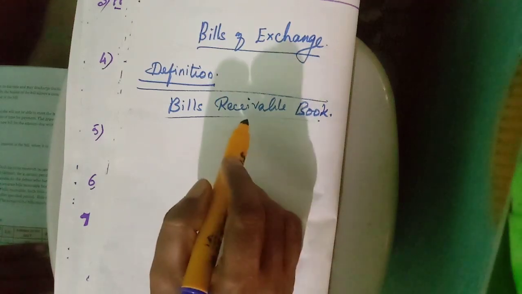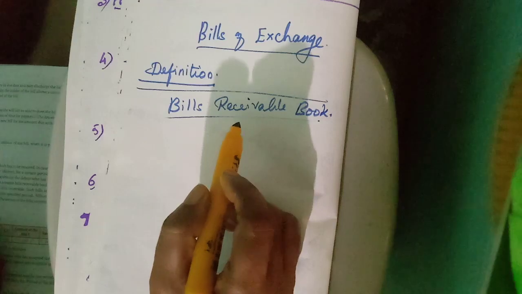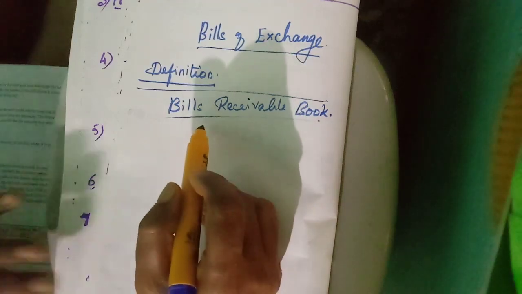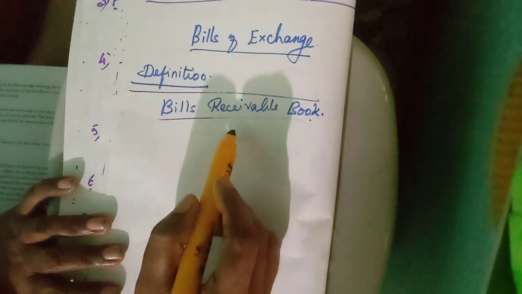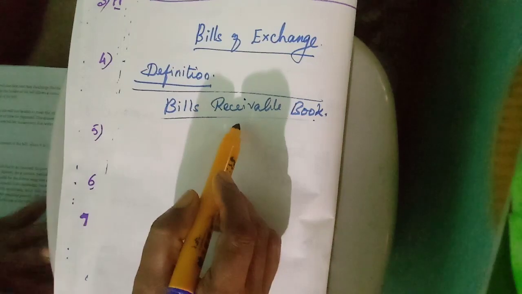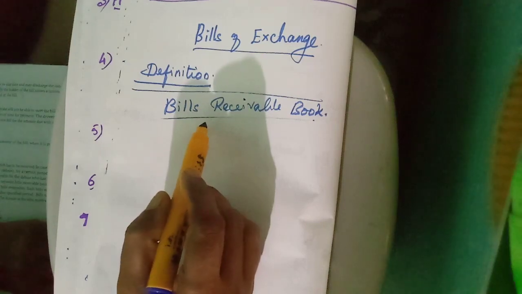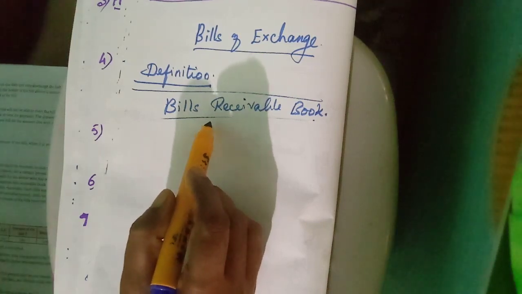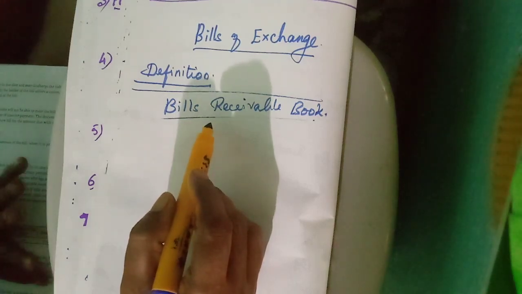Okay, so on one particular day they may make many credit sales, so for him many bills receivable will be there. So he may prepare the bills receivable book. In the same way, we prepare the purchases book, because on a particular date the purchaser may make many purchases from the creditor on credit, isn't it?